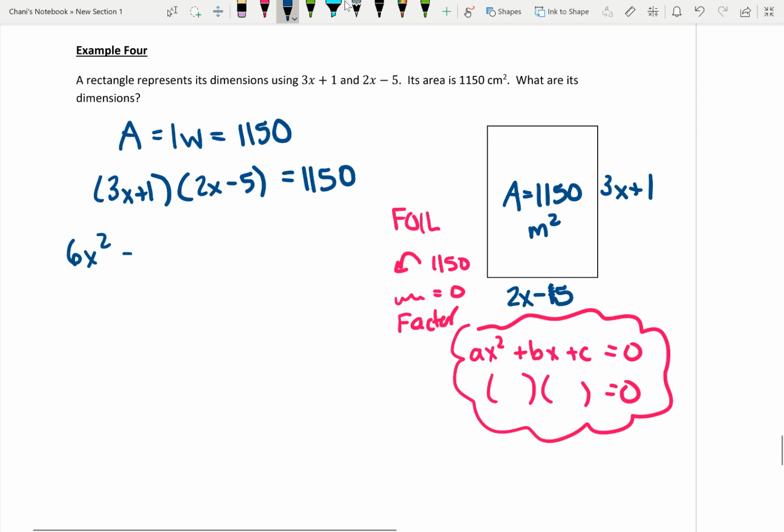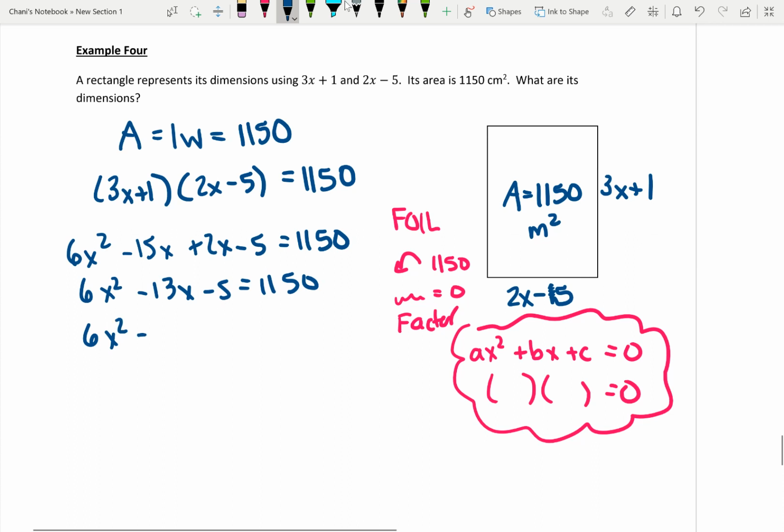Then we have minus 15x plus 2x minus 5 equals 1150. So we'll collect like terms. 6x squared minus 13x minus 5 equals 1150. So now we need to move the 1150 over, which means subtracting 1150 from both sides.